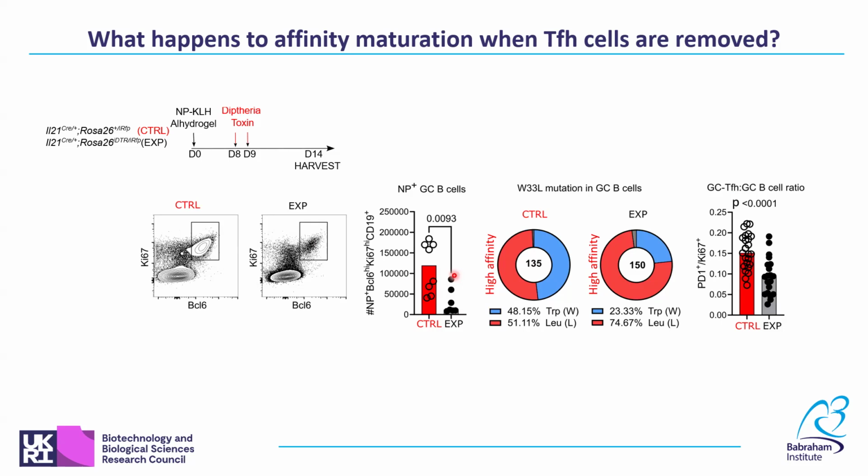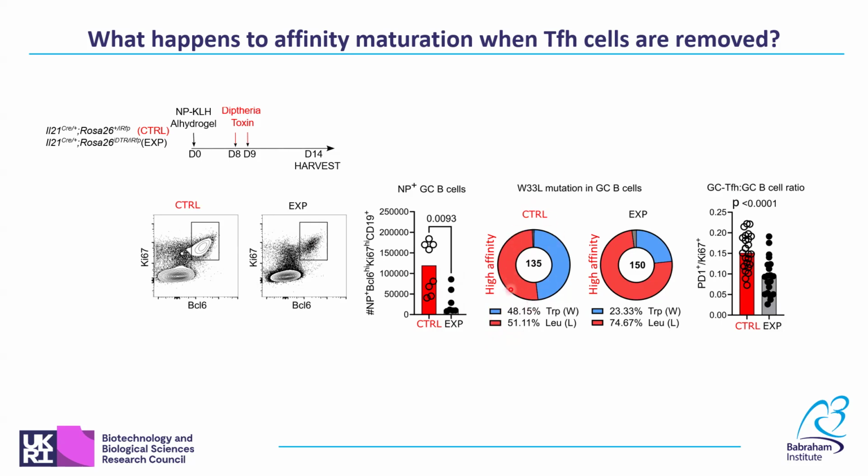We did the ELISAs, very similar to what Ava just showed, but we also did some single cell sequencing on the B cells from these germinal centers to allow us to identify the high affinity mutants. So in the MPKLH model, when a B cell becomes high affinity, it mutates its tryptophan to a leucine. And so you can look at that and analyze it.